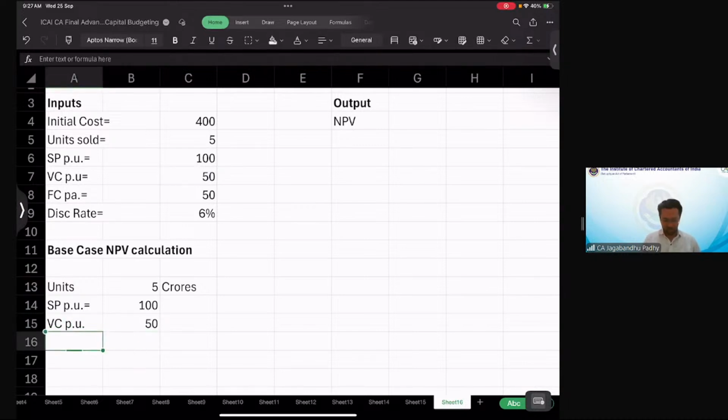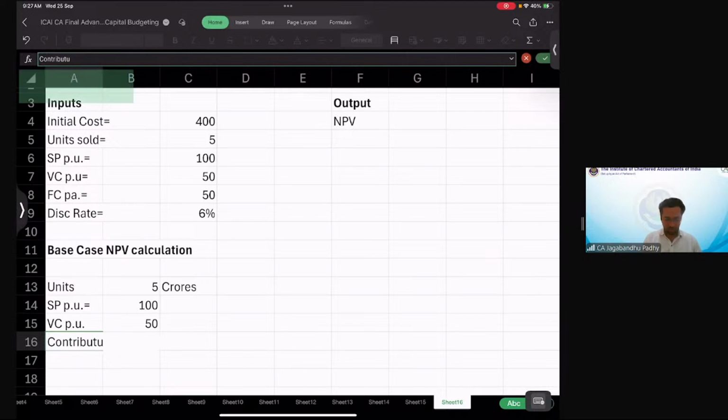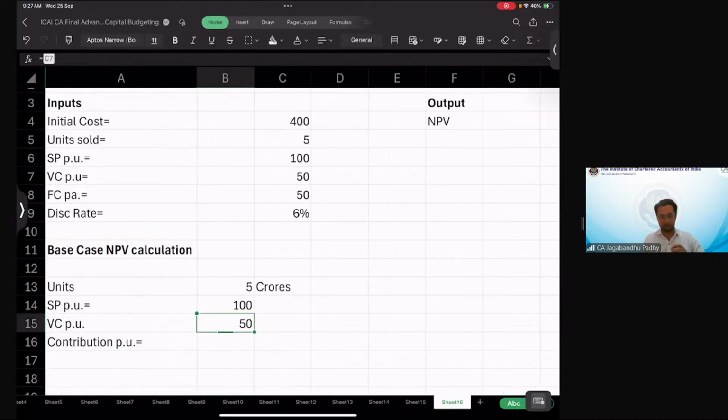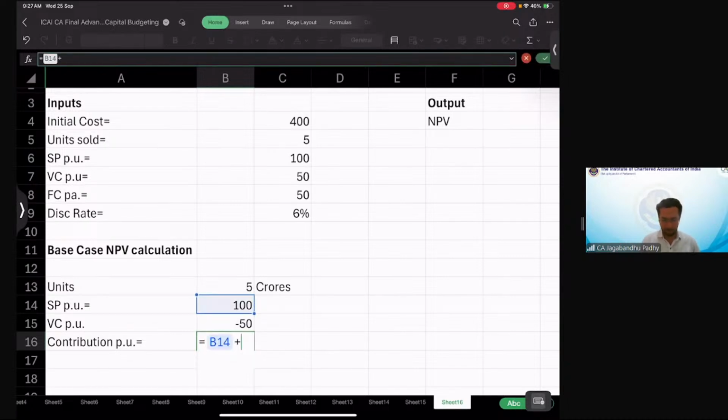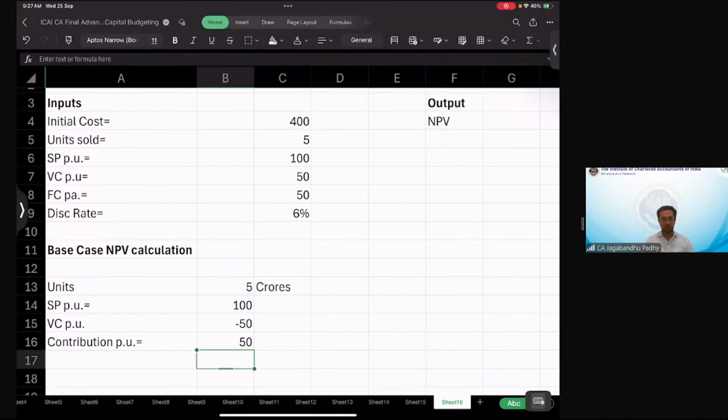So can we say that contribution per unit will be simply 50 rupees, right?